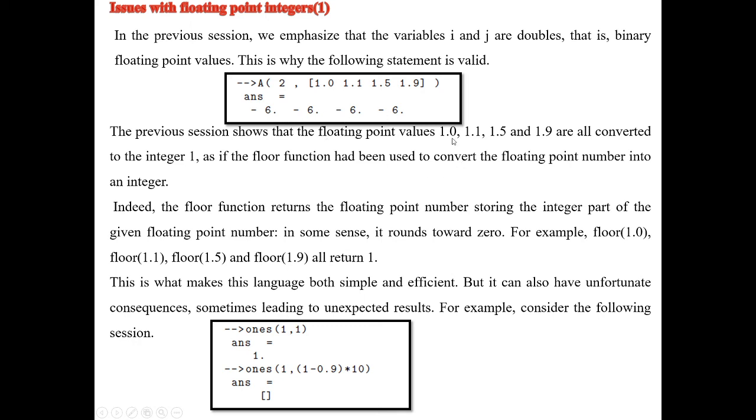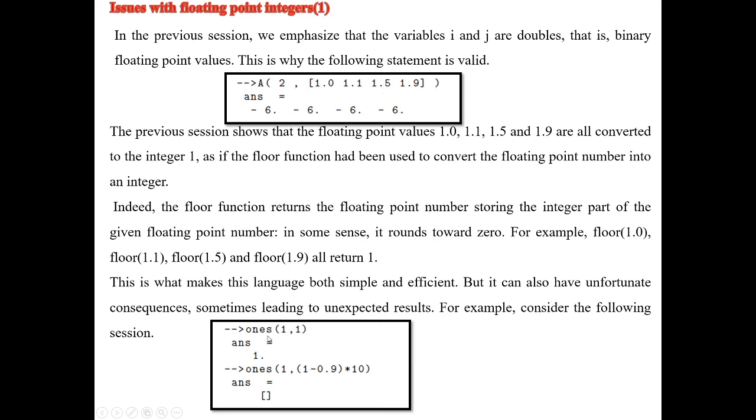Here the floating point values 1.1, 1.0, 1.5 are converted into 1. Then the floor function is used to round to an integer. Here you see floor 1.1, floor 1.5, everything will return the value 1. So it will make the index 2 comma 1.